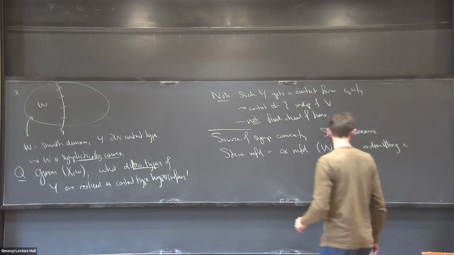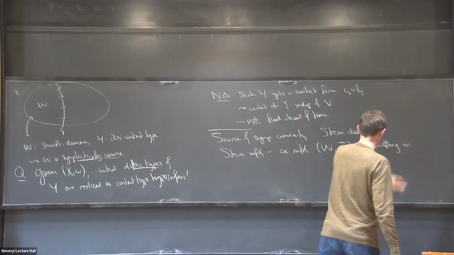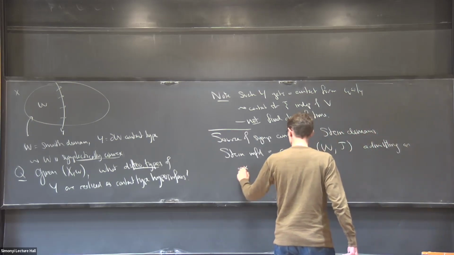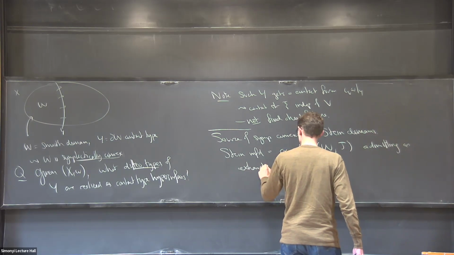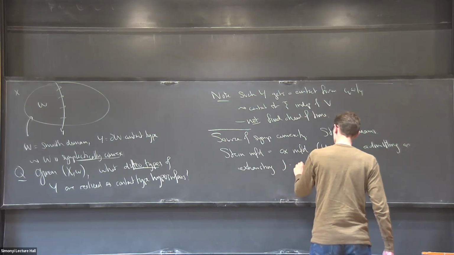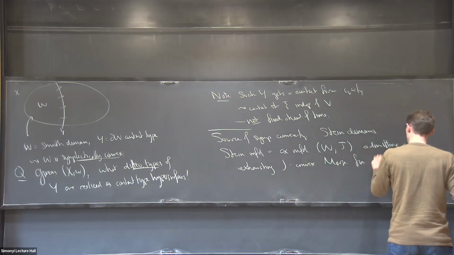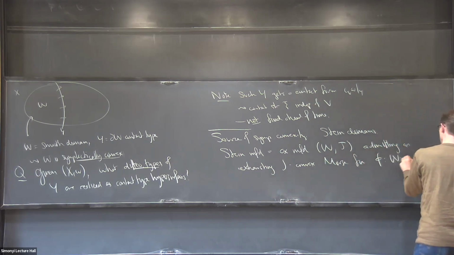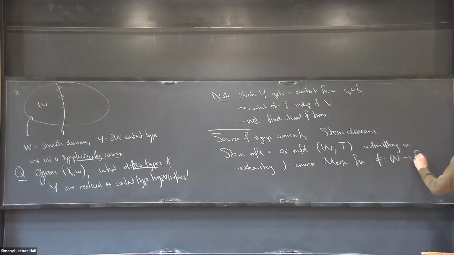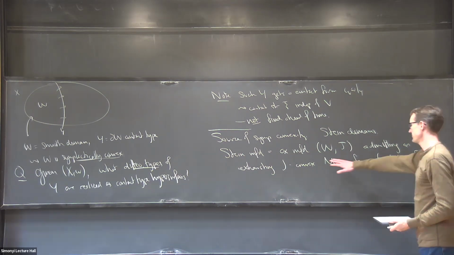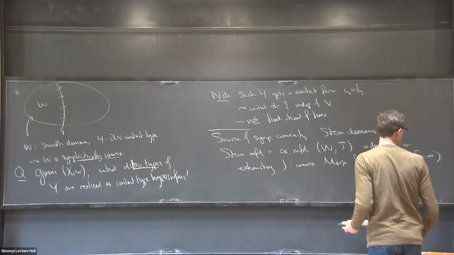So some sort of exhausting function, what some people call a defining function. So maybe it should be bounded below. And in that case, I'm not going to really tell you what J-convex means.